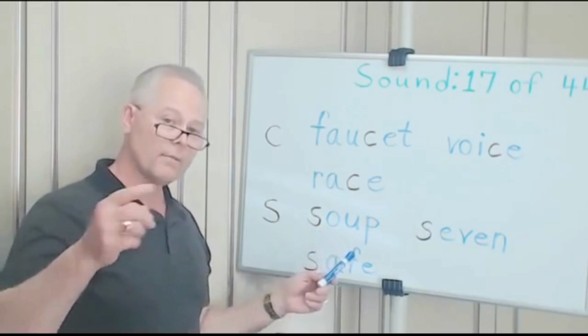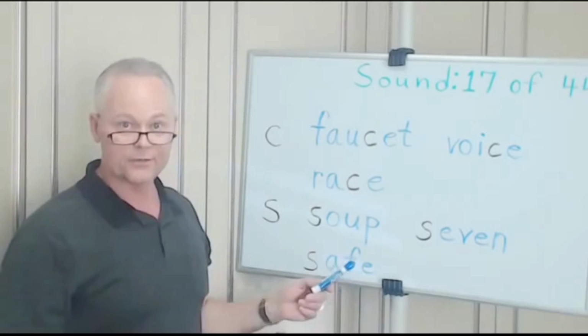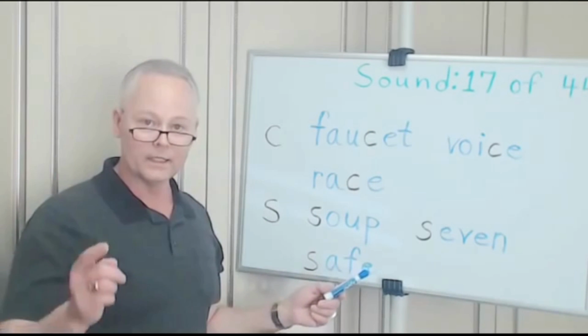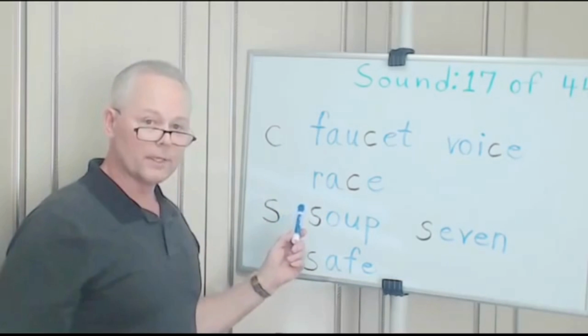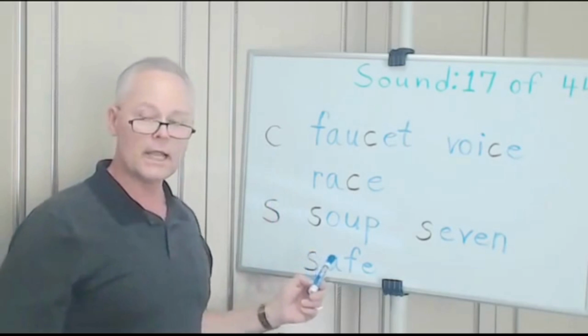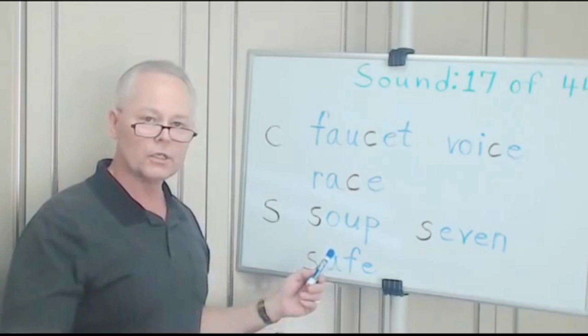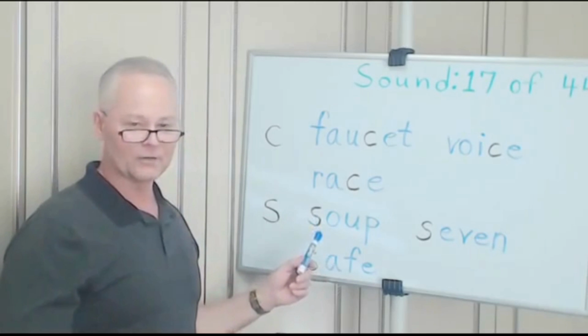Safe. Remember back a few videos ago in this pronunciation playlist, I had the letters up here, S and Z, where S sounded kind of more of a Z kind of a sound, right?